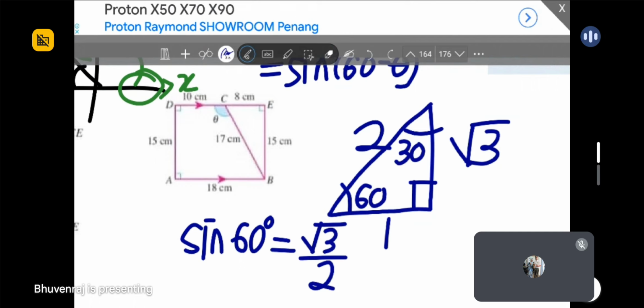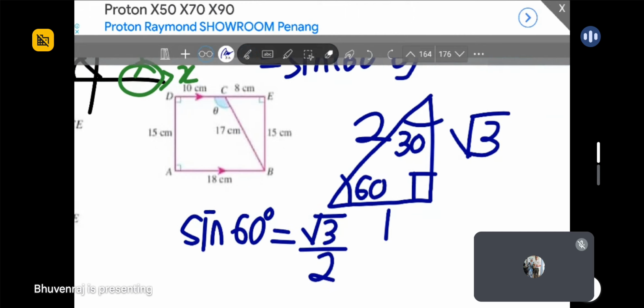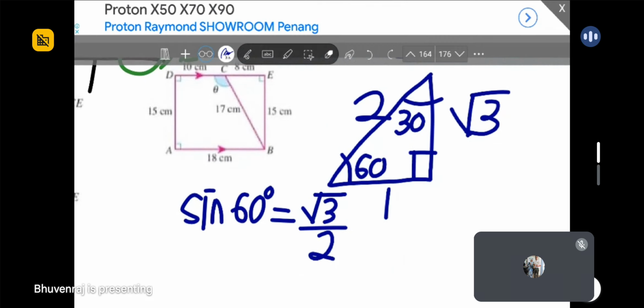So sine 60, you get 0.8660. So 1 over 2 is definitely wrong, because 1 over 2 is 0.5. So you must see other possibilities. Kamu kena lihat jawapan mana yang betul. So root 3 over 2, if you press calculator, kamu akan dapat jawapan sama. Same answer.